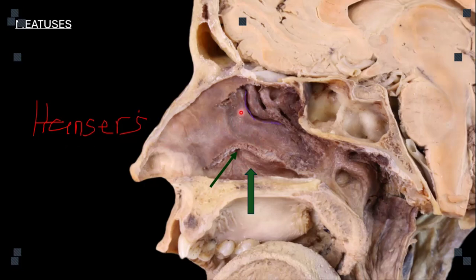That feature there is the hiatus semilunaris or the semilunar hiatus. Okay, and also it presents that elevation which is known as the bulla ethmoidalis, the ethmoidal bulla. Okay, so we have some paranasal sinuses which open on this, and I will be showing you that.